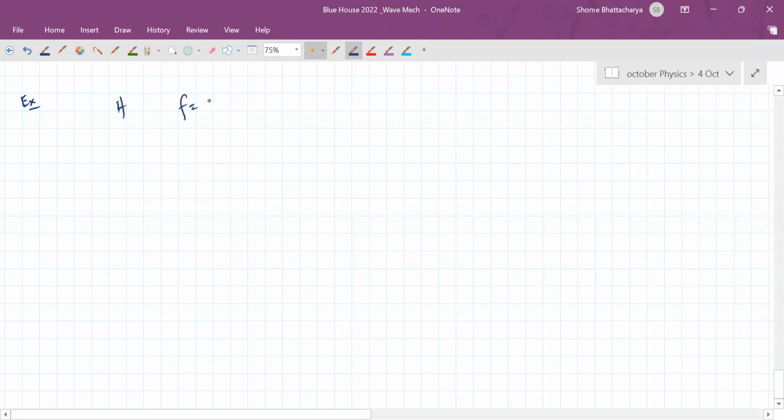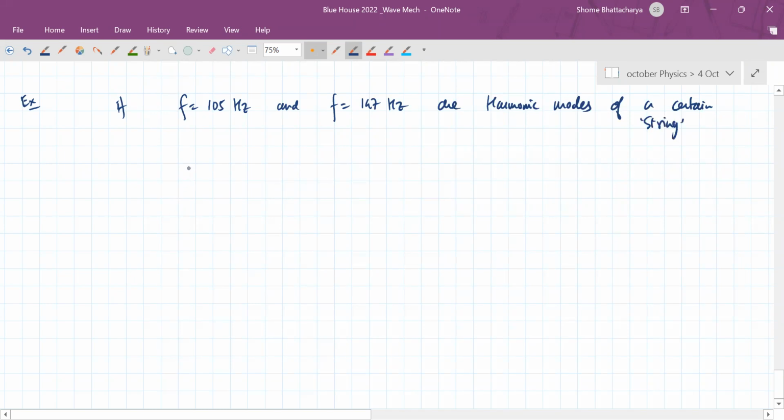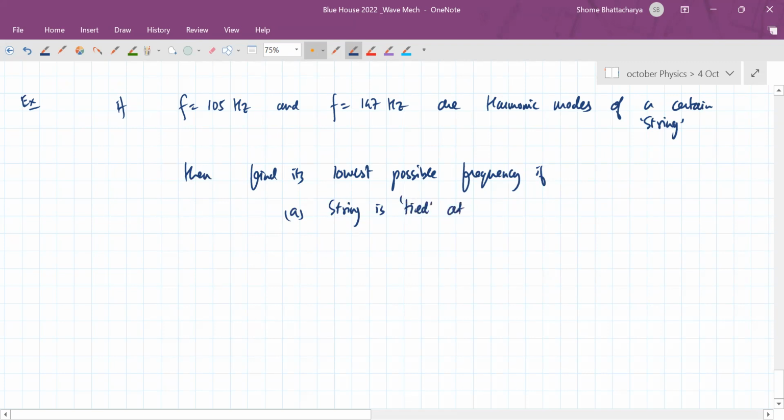So if f equal to 105 hertz and f equal to, let's say, 147 hertz are harmonic modes of a certain string, then find its lowest possible frequency if the string is tied at both ends, that is, it has rigid boundaries.